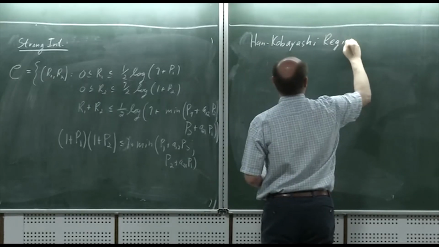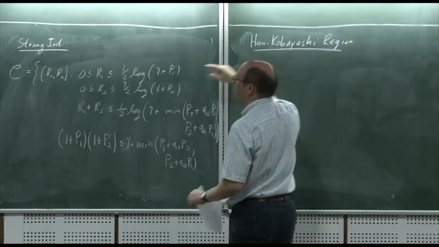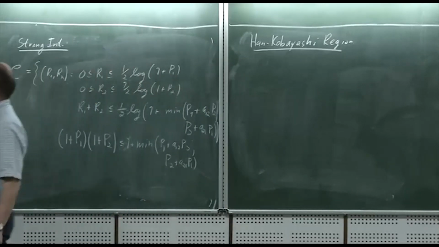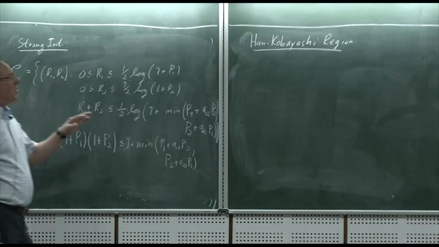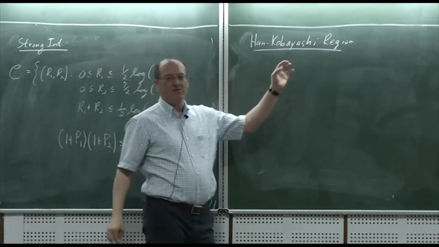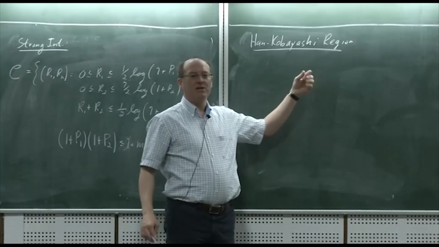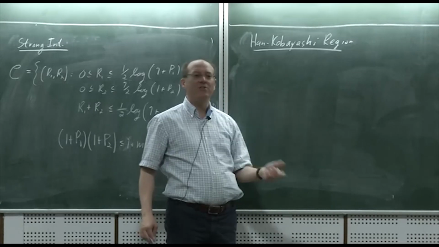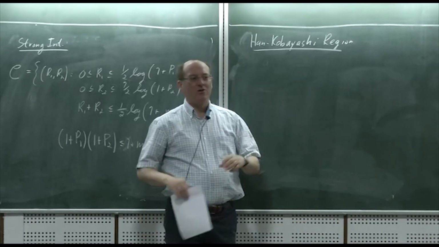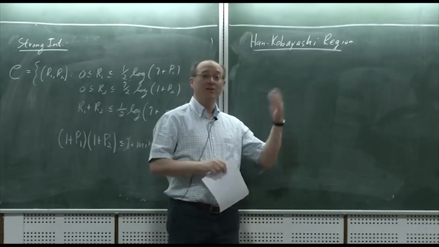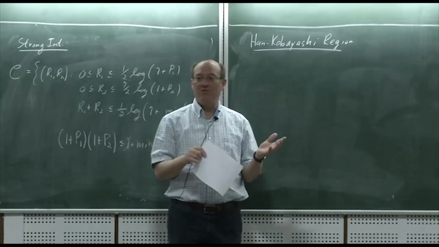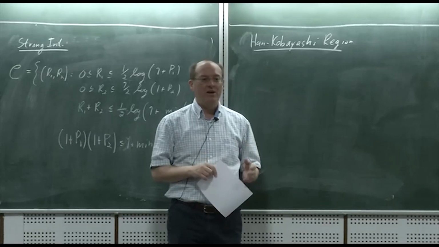In another paper of Carlisle's in the 70s, probably as part of his PhD thesis, he developed a region which was almost the same as the Han-Kobayashi region, but what Han-Kobayashi added is joint decoding. What Carlisle did is step-by-step decoding, and they added joint decoding, that you decode all messages that you're interested in at once.